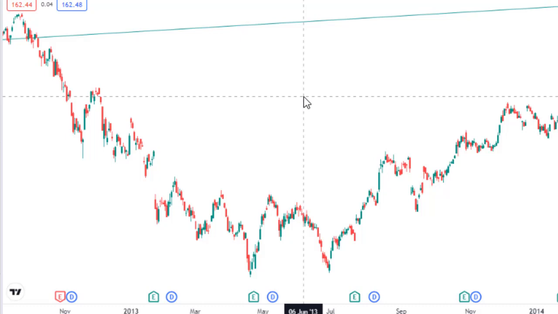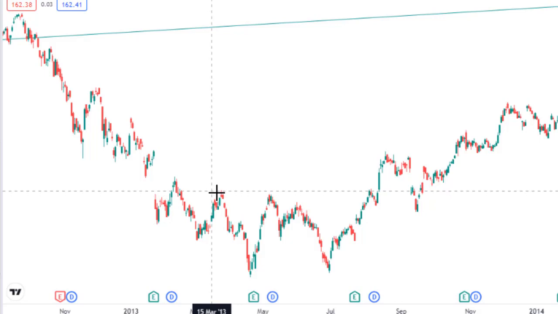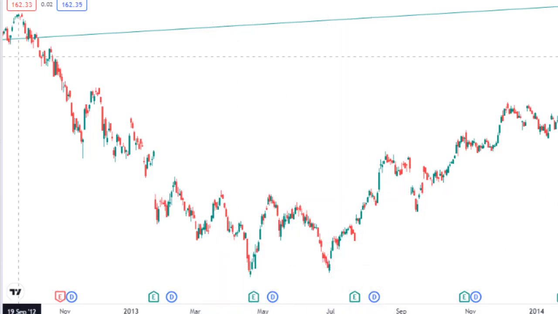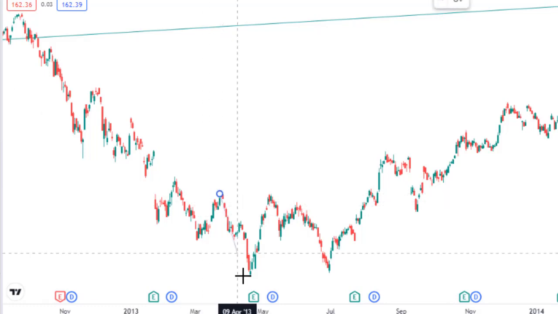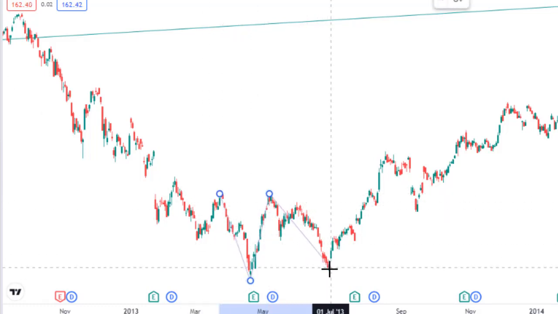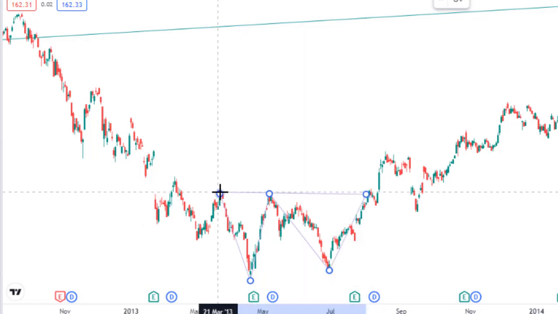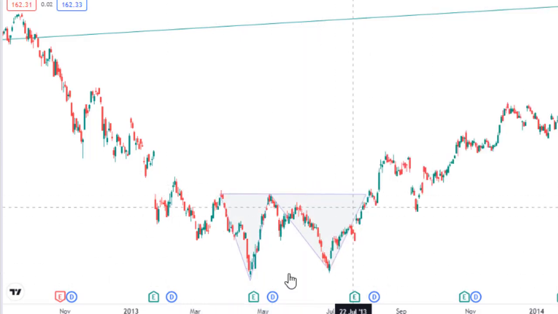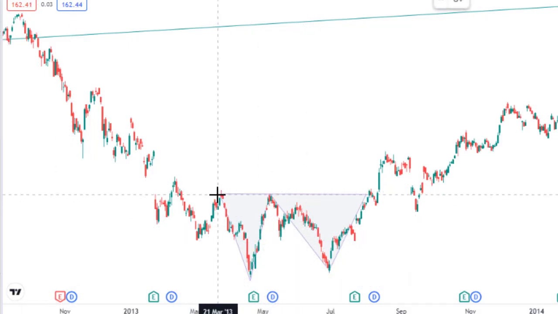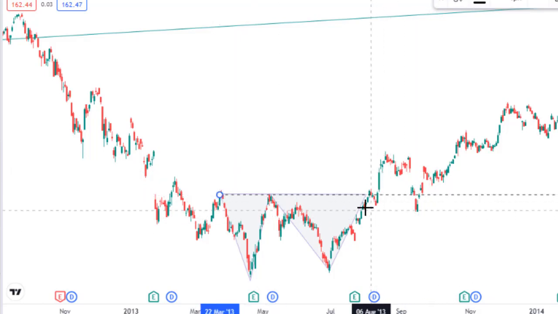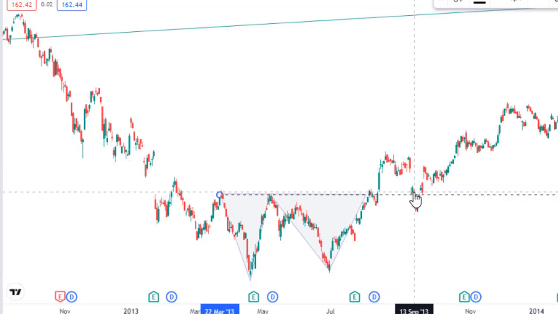Okay, you can see Apple chart in daily time frame and you can see a double bottom here. Let me show you better. Okay, this is the double bottom, and as we said before, when the neckline breaks, I mean here, we can wait for a retrace and then put a position here.